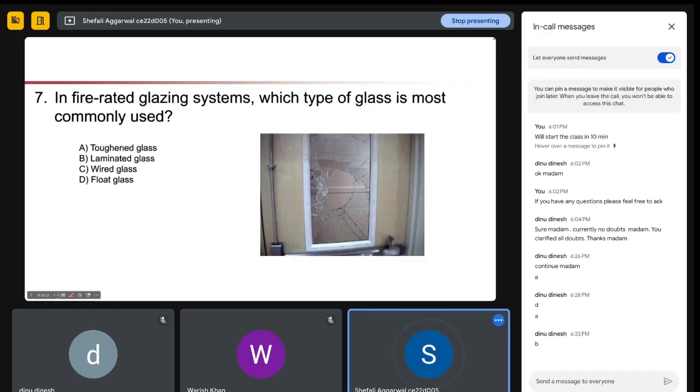So when we have a fire rated glazing system, we will use wired glass. Why? Because it won't break suddenly, there won't be a brittle failure of glass when there is a fire, but instead it will shatter in place instead of its particles going here and there.